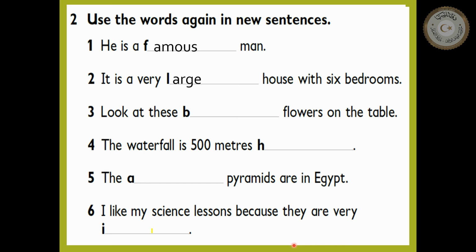This adjective should start with the letter B. So what is it? Beautiful. Excellent. Now we are going to number 4. The waterfall is 500 meters high. Excellent. Now number 5.